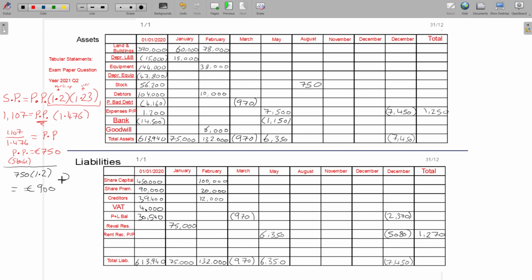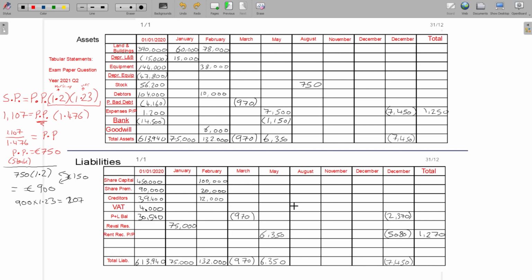So our markup is €150. And then the rest is VAT. So 900 multiplied by 1.23, or you could do 1,107 minus 900, which would give you €207. That was the amount we had to pay in VAT.